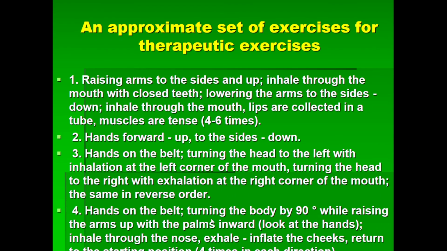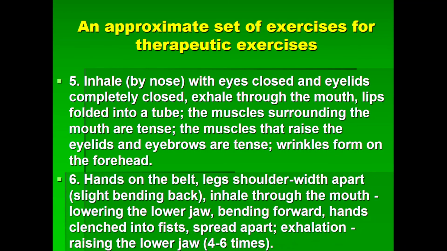Hands on the belt, turning the body by 90 degrees while raising the arms up with the palms inward. Look at the hands. Inhale through the nose. Inhale, inflate the cheeks. Return to the standing position, 4 times in each direction. Inhale through the nose with eyes closed and lids completely closed.